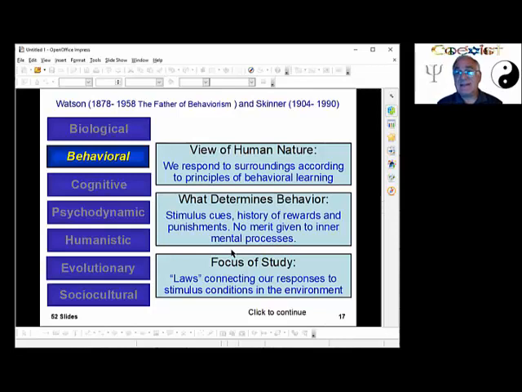You can actually say that our brain has developed a pattern of connections because the neurons that fire together wire together, and we'll see that in the learning chapter when we talk about Pavlov. But no merit is given to our internal mental processes in behaviorism. The focus of study then is that formula, the laws, connecting our responses to stimulus conditions in the environment.